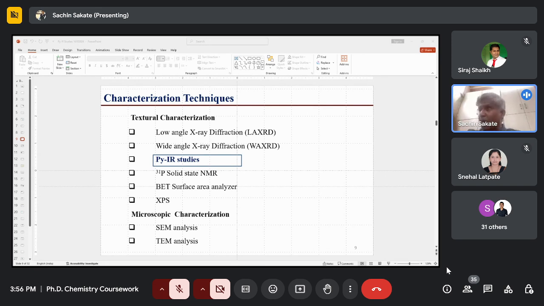That's why pore volume and pore size are required. All calculations have to be done thoroughly before going for the preparation of the support or the catalyst.